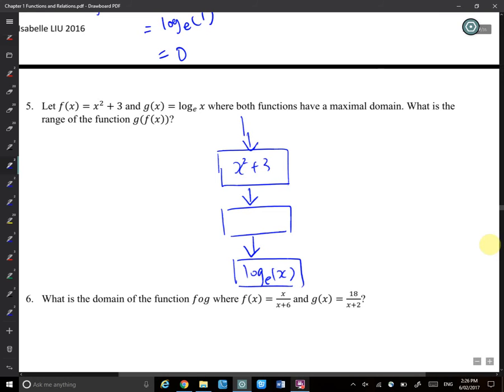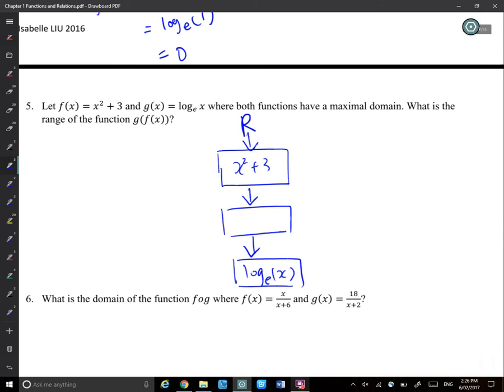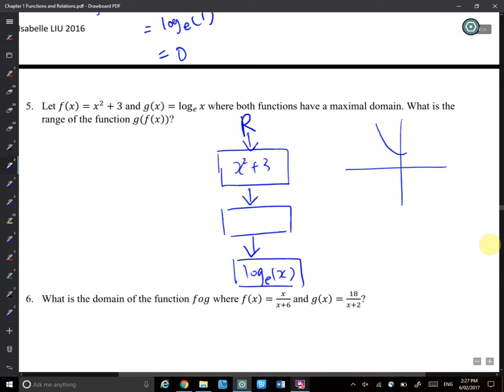So what is the range for this quadratic? The graph looks like this: 3 to infinity.